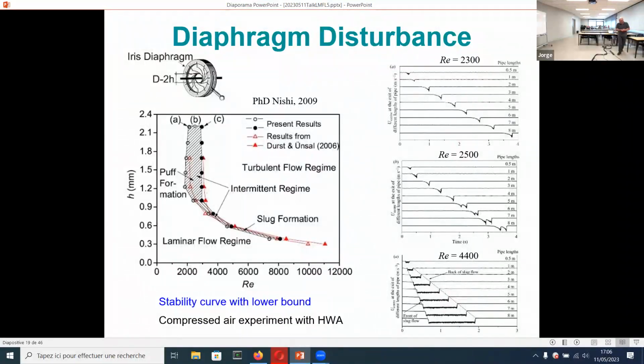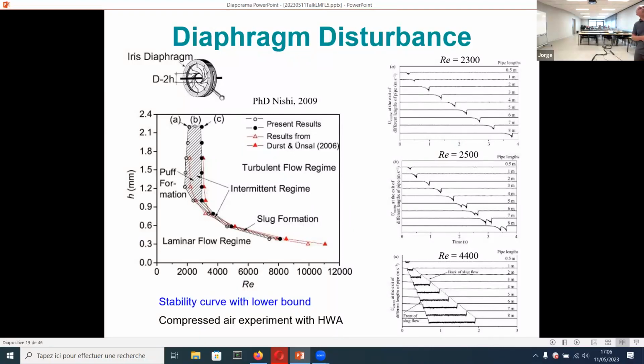This type of diagram was also obtained by another group in Germany, from the PhD of Nishi in 2009, where they used a diaphragm and a compressed air experiment and a hot wire anemometer to obtain this data.